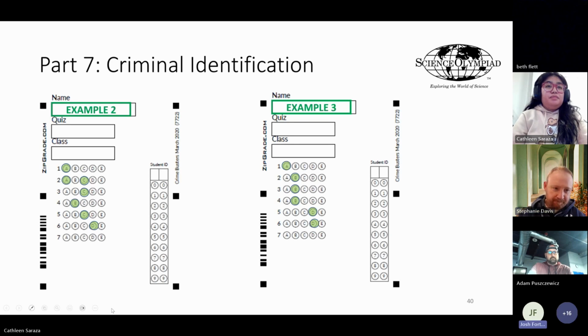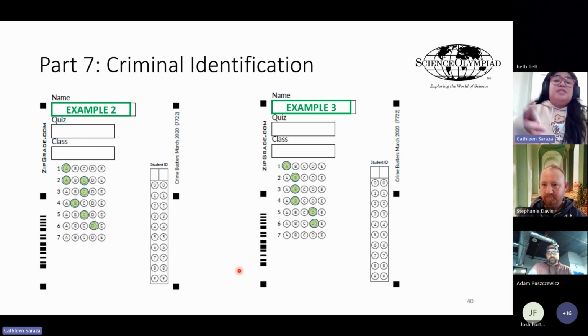C. Only C. Yeah, I would say C. Yes. And what about example 3 on the right? B. Yes. So yeah, this is good practice. Good job, guys.